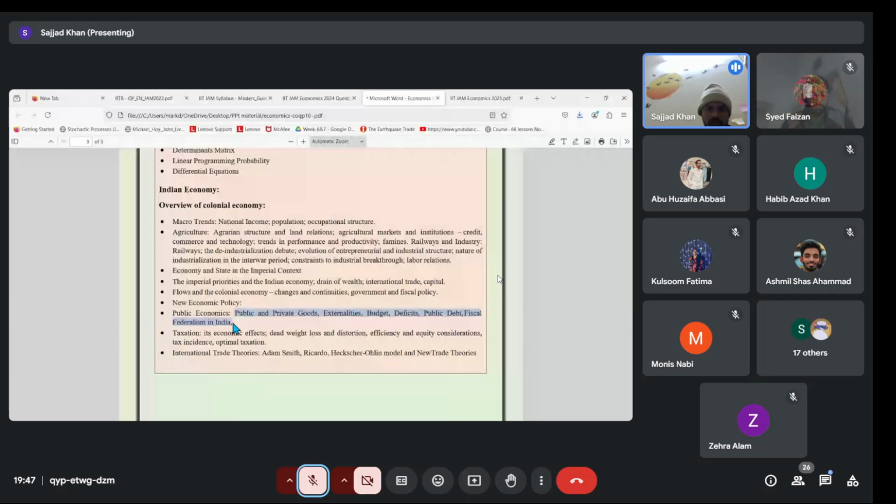Generally, they ask only 4 or 5 questions from public economics, and they are only theoretical questions. They may be asked about externalities, like what is a public good, a private good, a positive externality, a negative externality, and what will be the effect due to taxation. I will definitely say different types of deficits like primary deficit, revenue deficit, and fiscal deficit. In taxation, what will be the effect of increasing taxation, the deadweight loss and distortion.